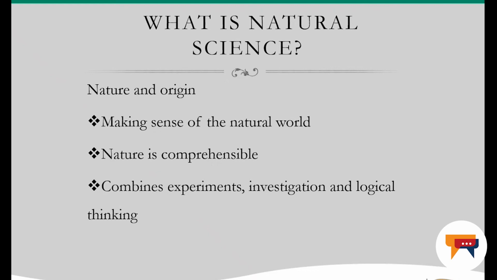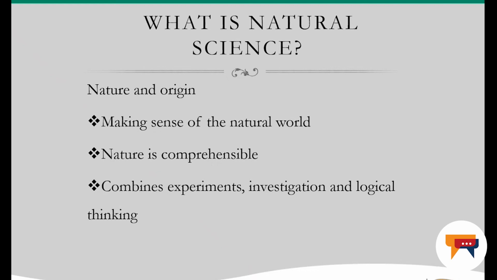And basically, what is natural science and its origin? An interest in natural sciences involves finding out about and making sense of the natural world. Natural science is rooted in the belief that nature is comprehensible, which means that it is not magical, it is rationally ordered and can therefore be known and understood.